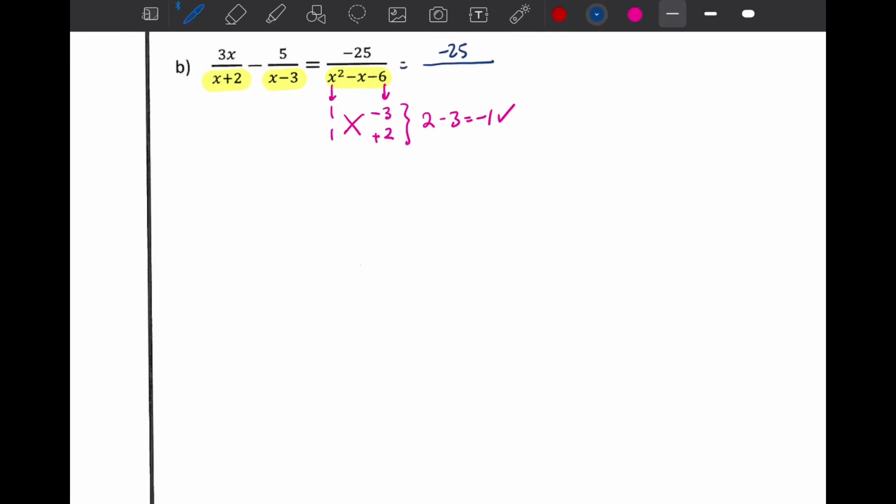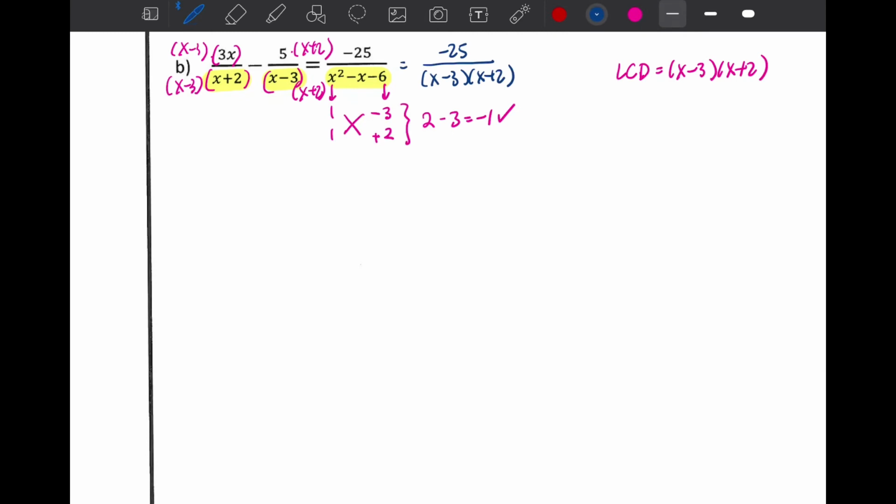So we have negative 25 over x minus 3 times x plus 2. Now we can confirm the lowest common denominator equals x minus 3 times x plus 2. So let's multiply the first term by x minus 3 to top and the bottom, and x plus 2 to the second term.